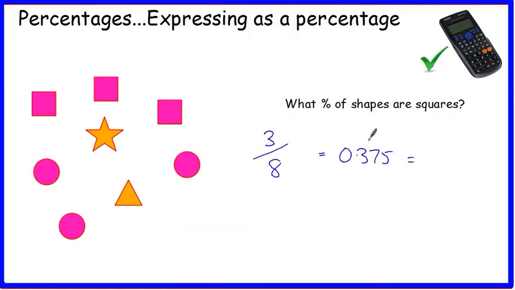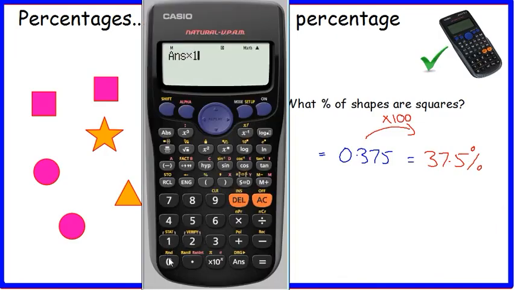And then multiply that by 100. This is 37.5%. Now I could have gone straight there from there. So multiply that by 100 and got me that answer. But I don't bother with that. I can just do that part in my head.